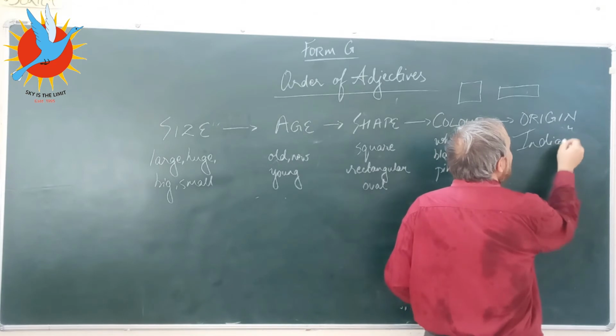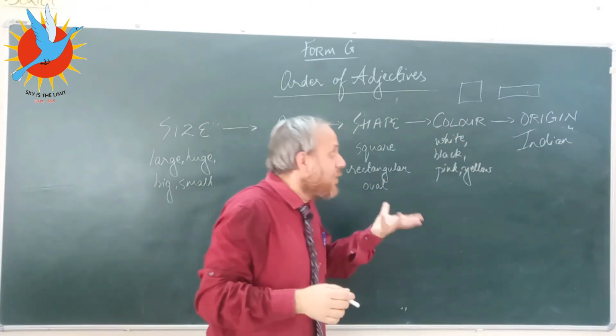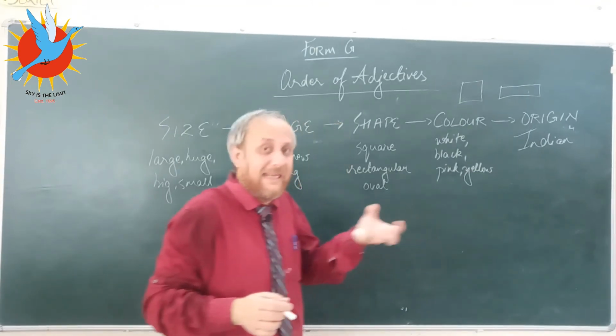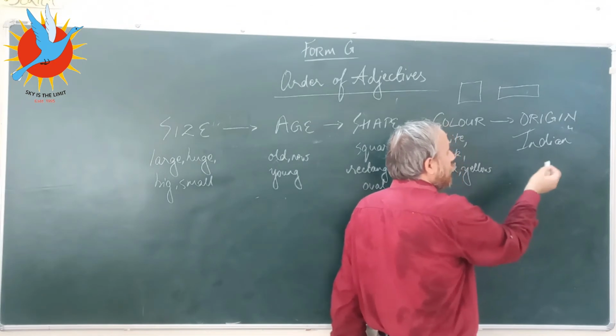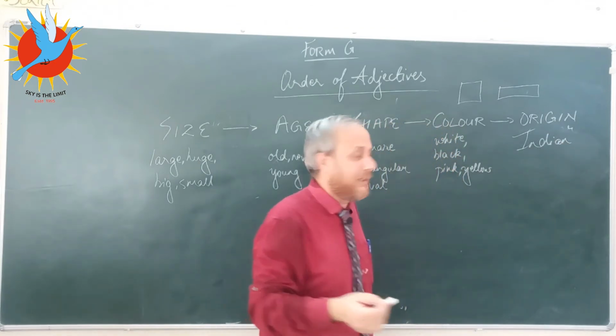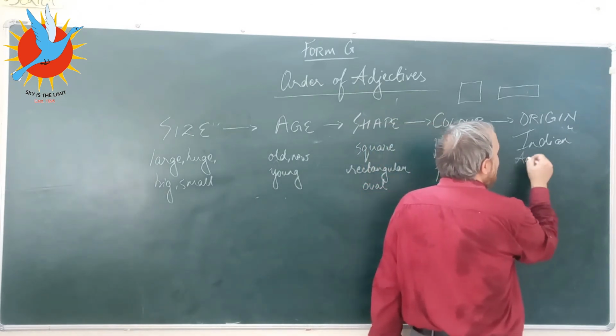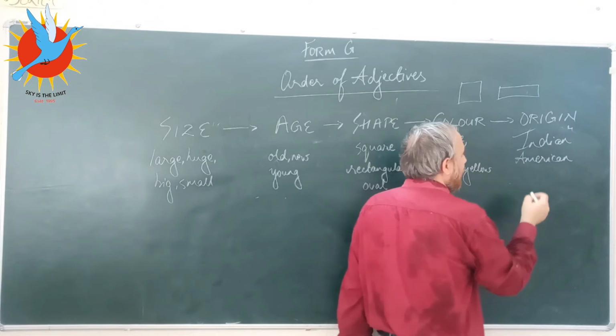Indian means the noun that you're describing, that particular noun comes from India. Okay. So the source of the noun, that is what you mean by origin. So Indian, it can be American. Okay.